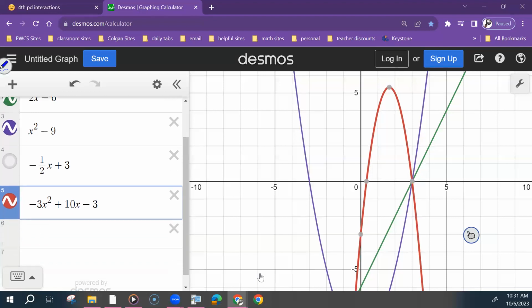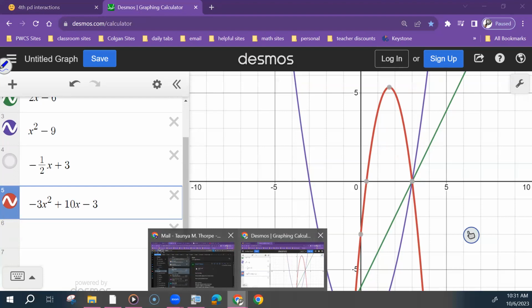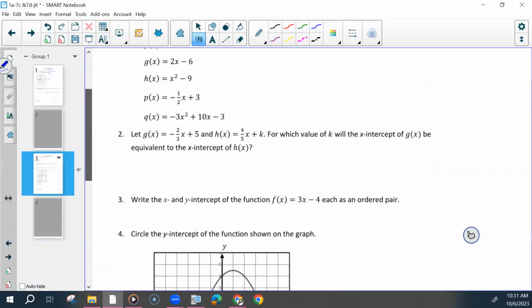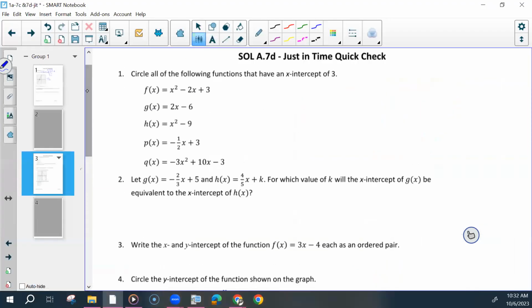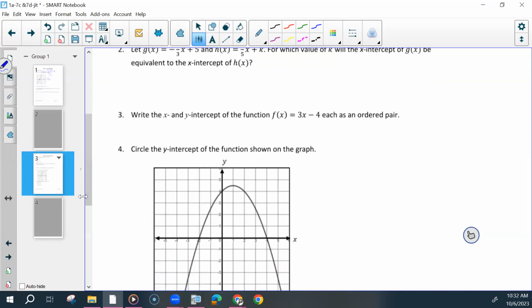Number 3, I'll do by hand, and then I'll show in Desmos. For number 3, if we were writing the x- and y-intercept, well, we have the y-intercept, so we can write that: (0, -4), without doing any work.